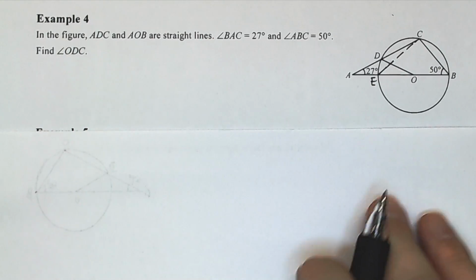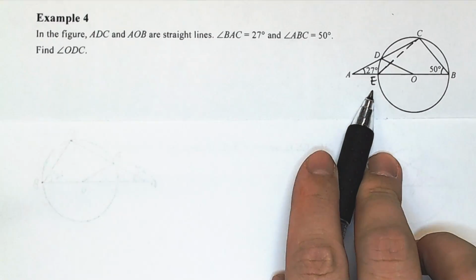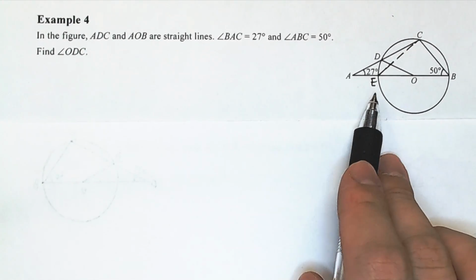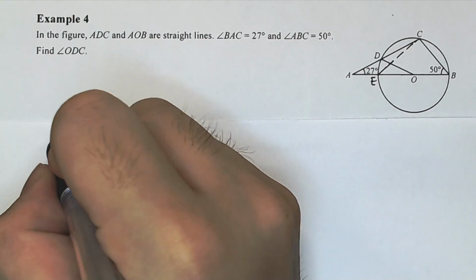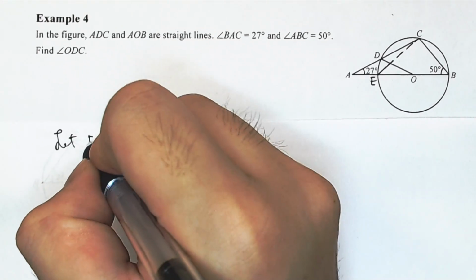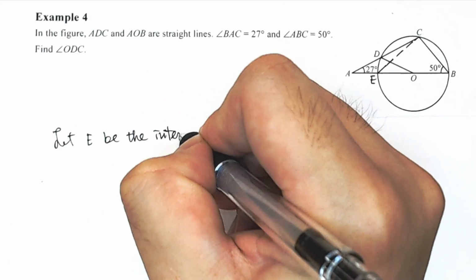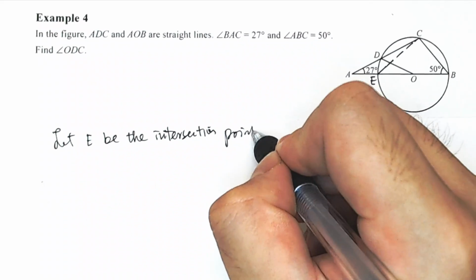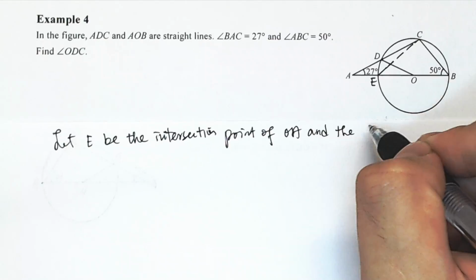Now let's do it. In this question, first of all you need to have a point E, and it's not defined in the question, so instead of just writing point E, you may need to say something about it, like: let E be the intersection point of OA and the circle.